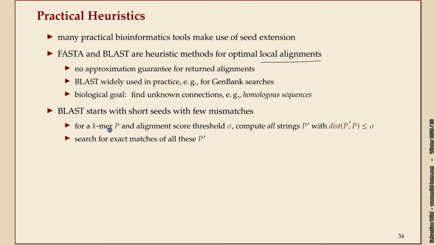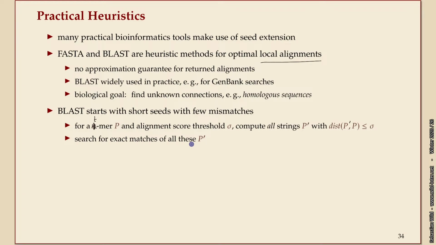The longer P gets, I think K here was not a good choice because this is, let's say T. K was the number of mismatches all the time. This set of strings P prime will grow exponentially with T at least. So it's not feasible for large T, but for small T you can do it, and then you can search all those modified patterns exactly in the text.